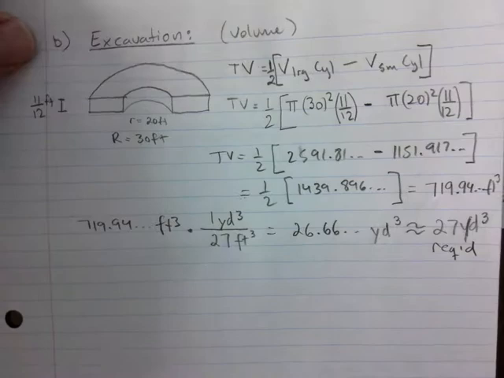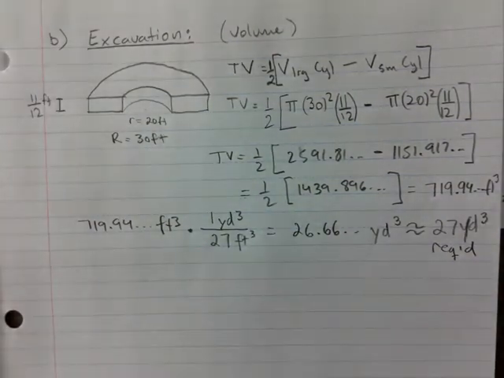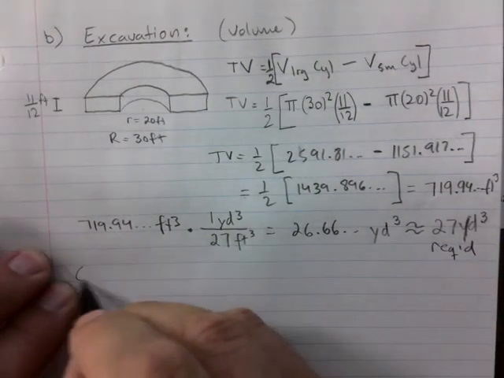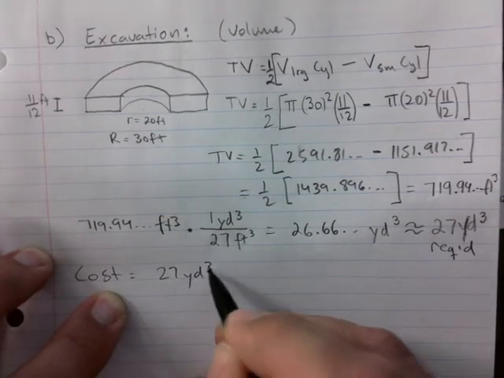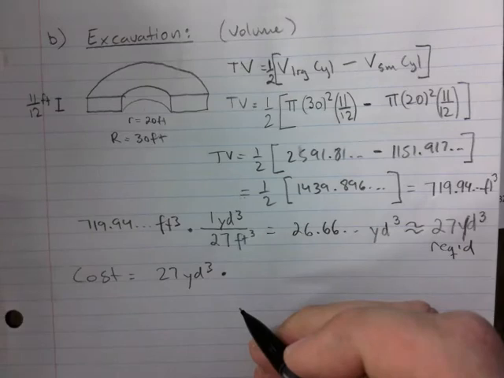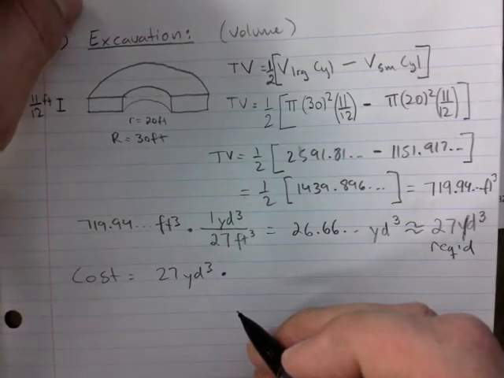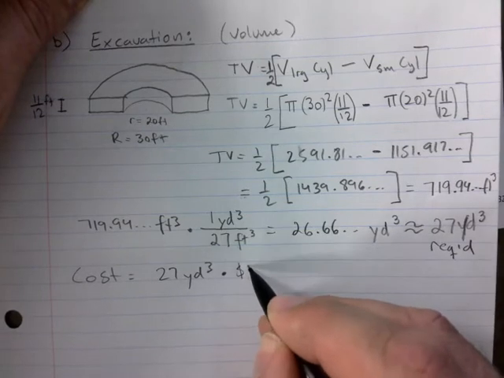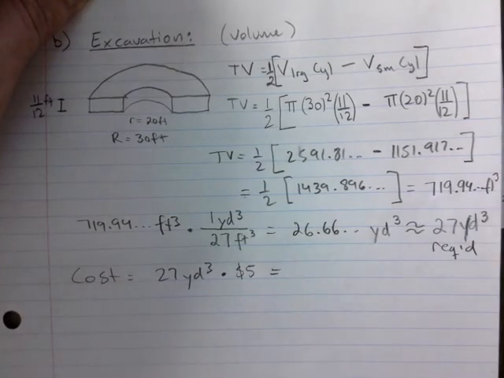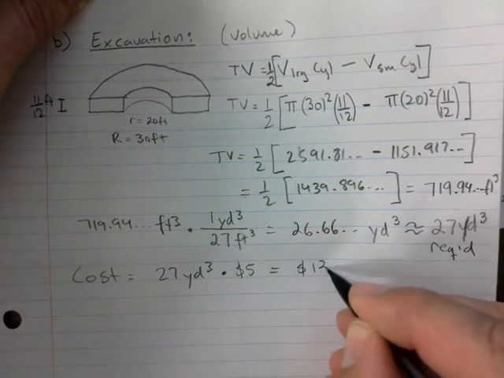So now I'm going to find the cost. Cost is 27 cubic yards times, I'm just going to peek up here, $5, right? $5. And so 27 times 5 is 135 bucks.